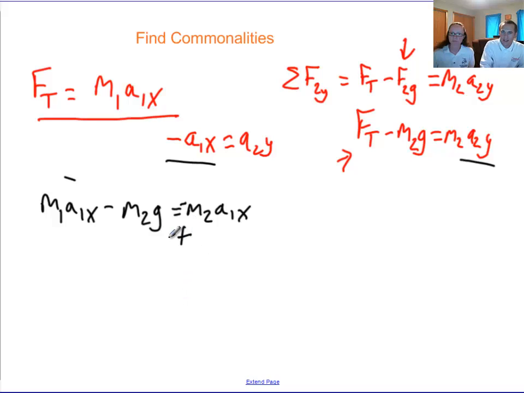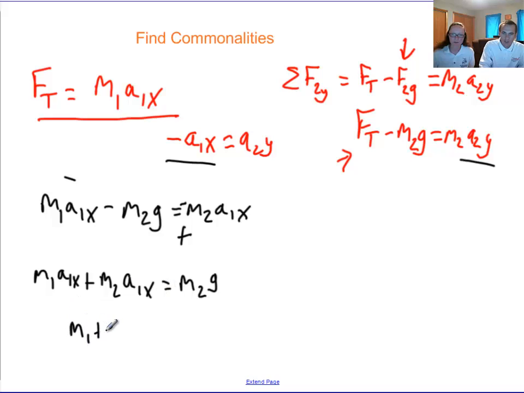So I'll add this thing over here to get it with this a1x. So I have m1 a1x plus m2 a1x. And I can go ahead and add this to the other side, so m2g. And since we want acceleration, we need to undistribute that. So factor it out.